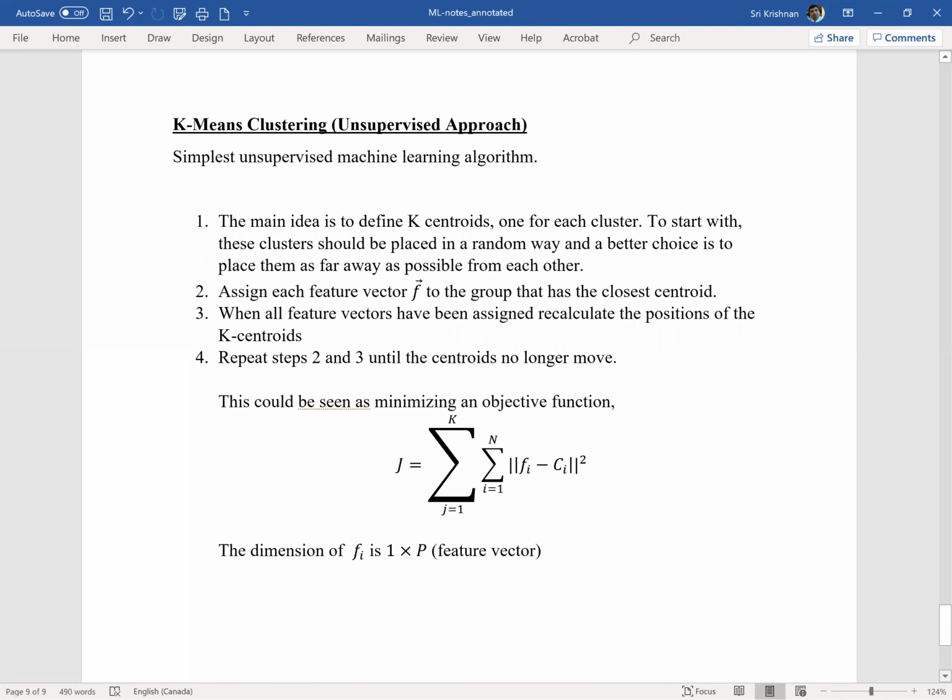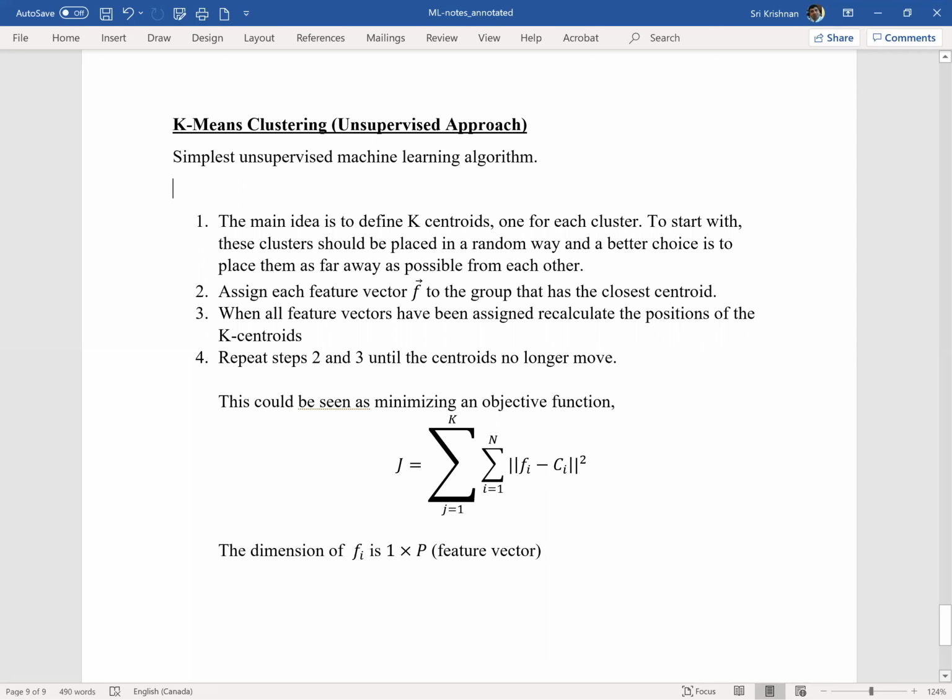Because it is unsupervised, the assumption is we do not have labeled data, so it's an unlabeled classification problem. It starts with defining what are called centroids, and centroids are nothing but geometrical means.